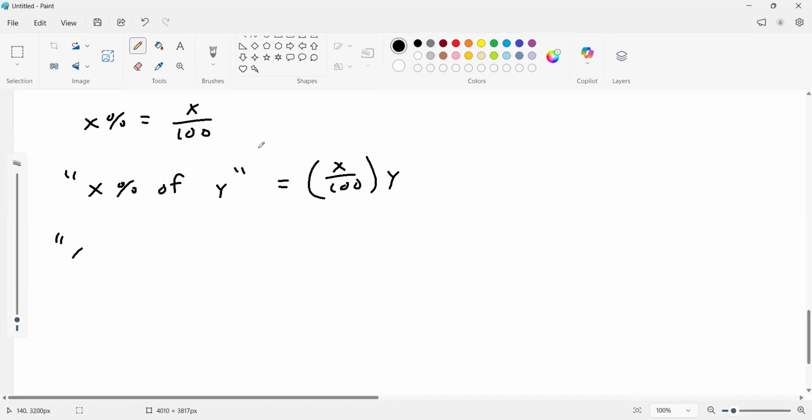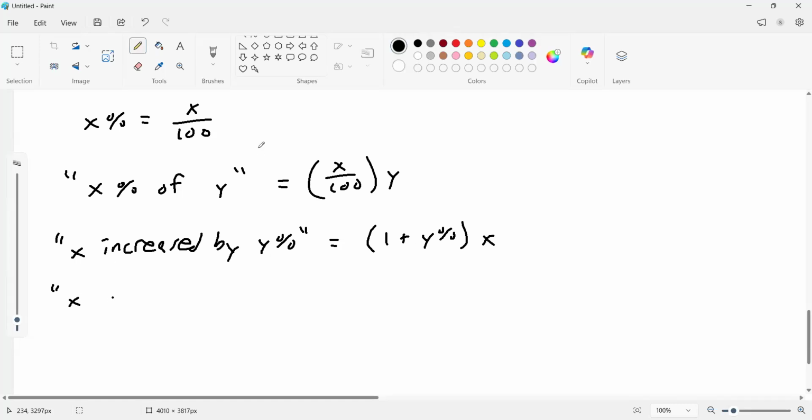And if I want to do X increased by a certain percentage, then what I'm really doing is I want to start with the whole thing, 100% or 1, plus, because I'm increasing, my percentage, and then multiply it by what I started with.